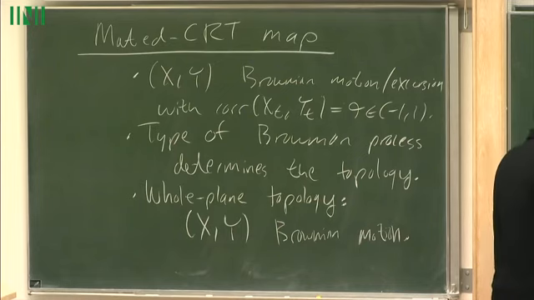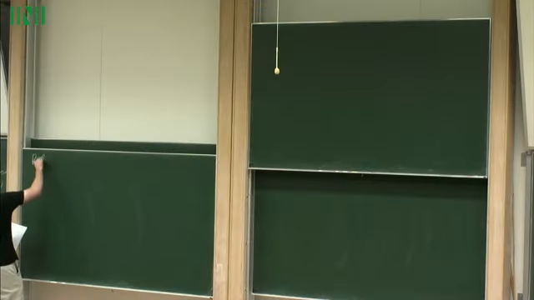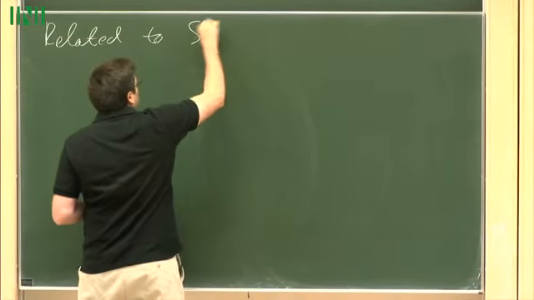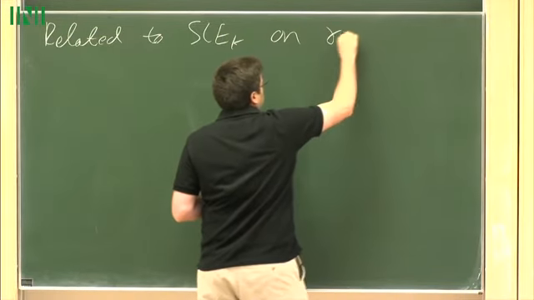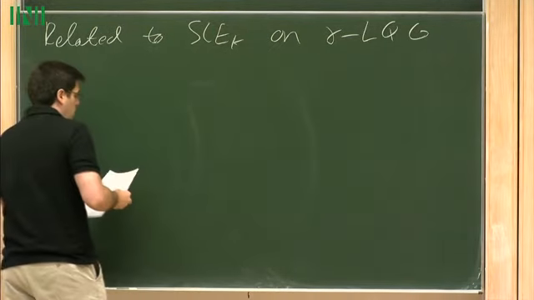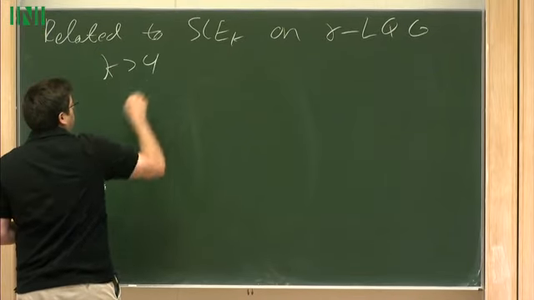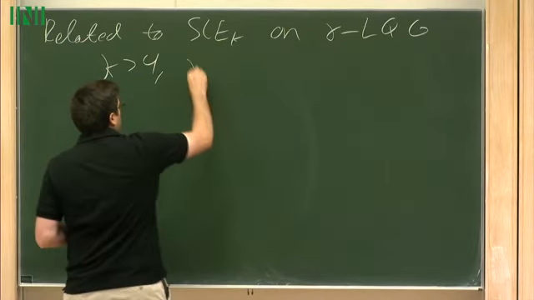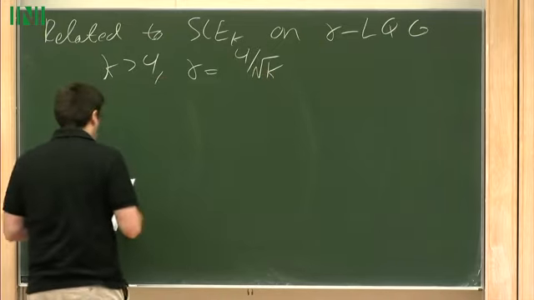What I want to do today is explain how the mated CRT map is related to, and this is what actually provides its embedding, SLE processes on Liouville quantum gravity. The way that the parameters are related is, first of all, this parameter kappa is always going to be bigger than 4, and gamma for the Liouville quantum gravity is going to be 4 over the square root of kappa.